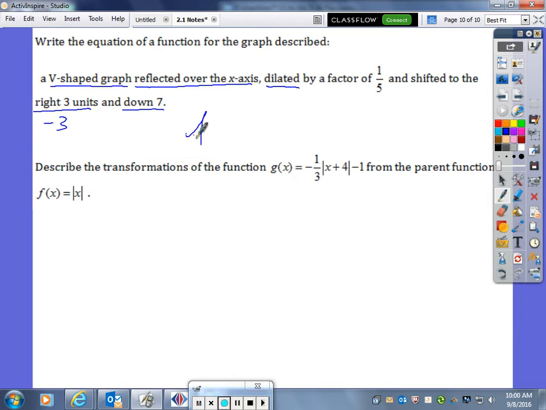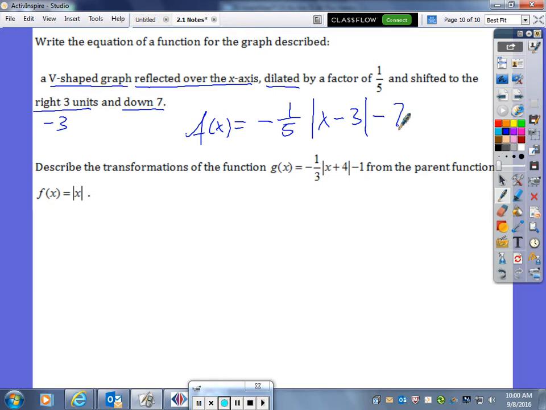So f of x is equal to negative, because it's reflected over the x-axis, 1/5, dilated by a factor of 1/5, absolute value of x minus 3, close our absolute value bars, and minus 7. This is the equation of the graph that is described in the sentence.